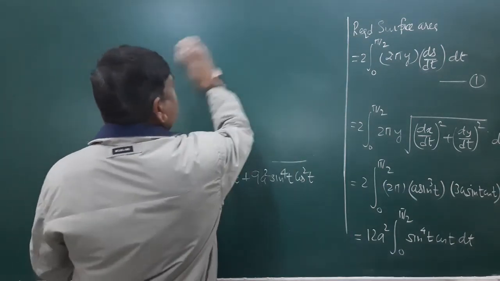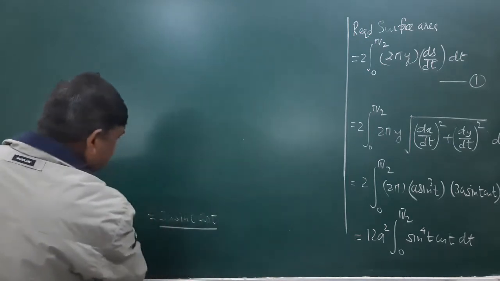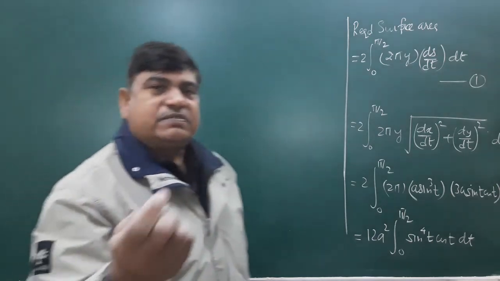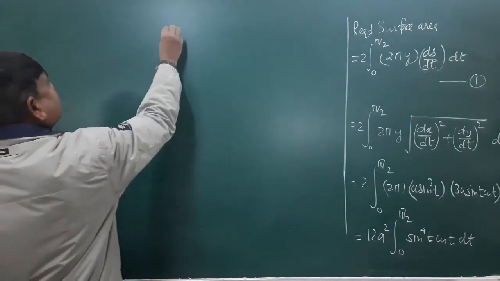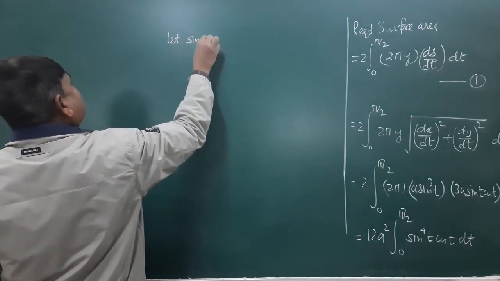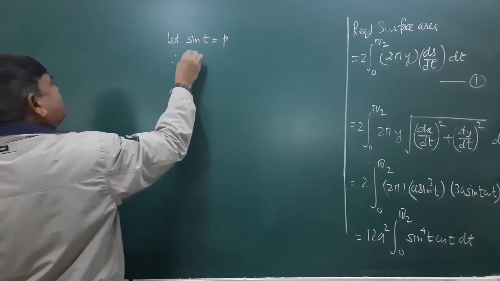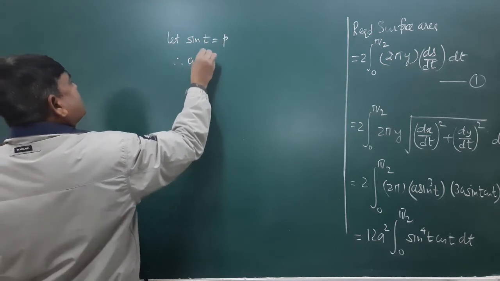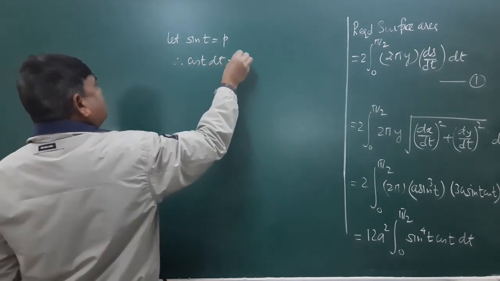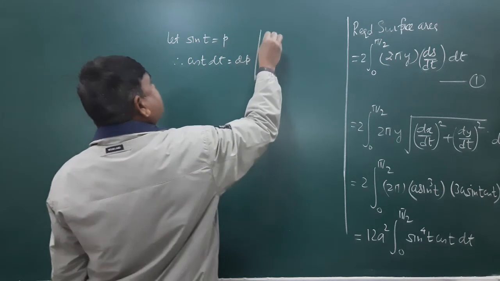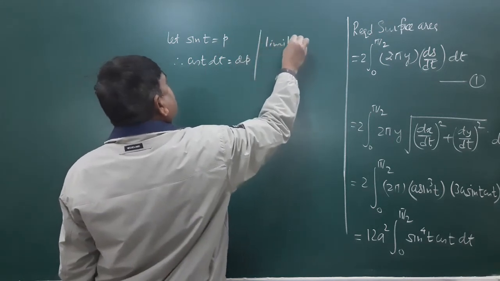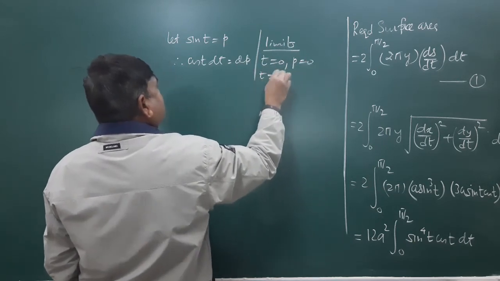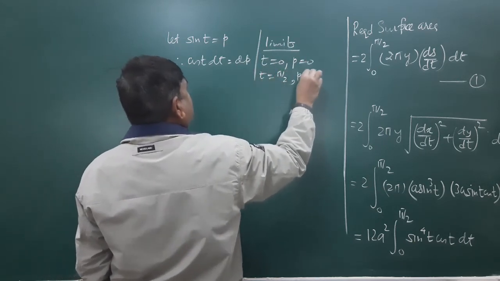Now this integration can be simplified by using gamma function, or you can use method of substitution. So here I say let sin t equal to p. Therefore cos t dt equals dp, and limits: t equals 0, p is 0; t is pi by 2, then p is 1.